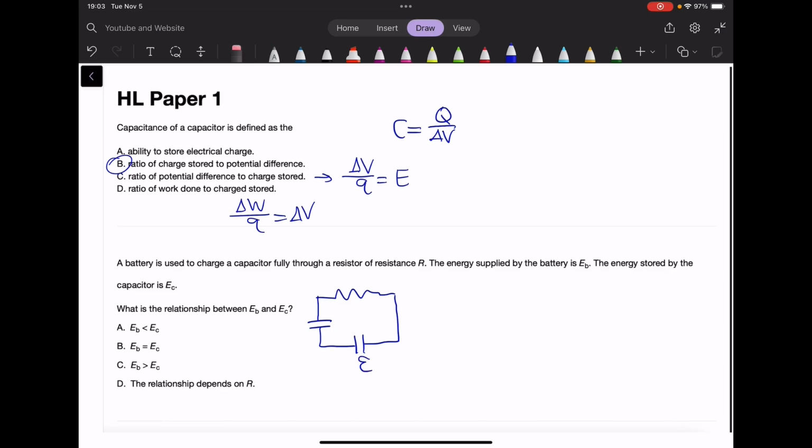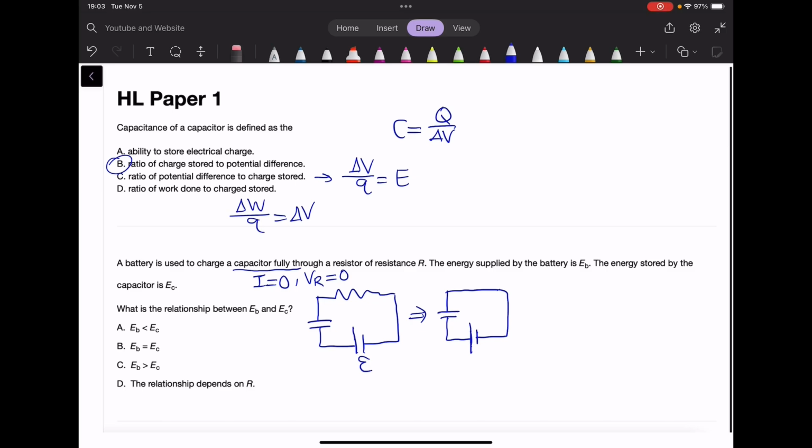When the capacitor is fully charged, current is equal to 0. So the potential difference of the resistor is equal to 0, which means that the resistor is basically a wire. So the circuit can be simplified to something like this. The resistor becomes a wire, and the capacitor is connected to the battery.